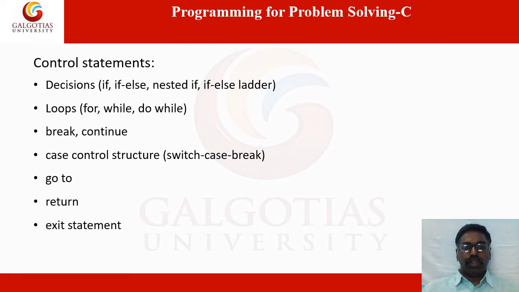The list of control statements in C is given below. The major groups are decision statements, loop statements, break and continue, case control structure, goto statement, and exit statement. The decision statements consist of if statement, if else statement, nested if statement, and if else ladder. The looping structure consists of for loop, while loop, do while loop.